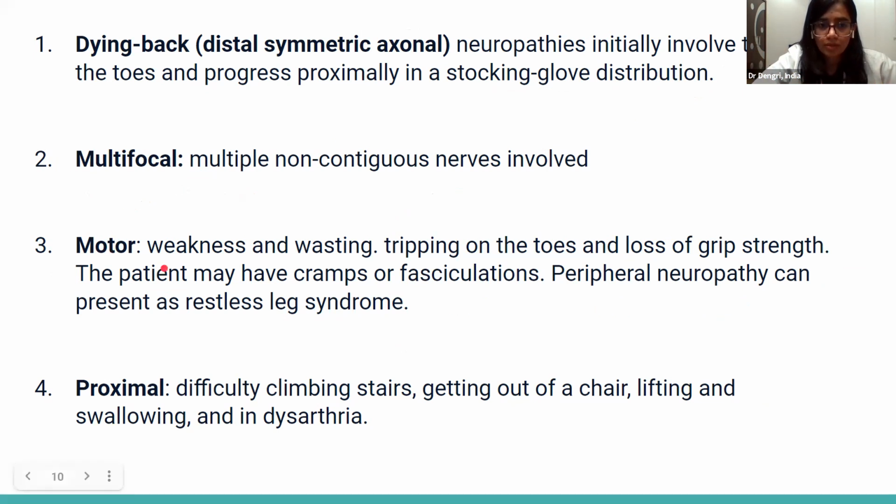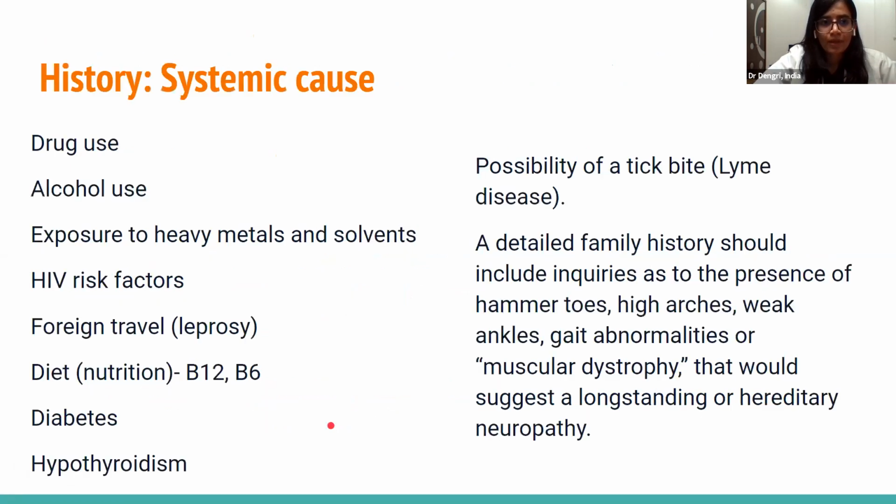If it is motor, then the patient will have weakness, muscle wasting, tripping over the toes, loss of grip, cramping, fasciculation, may look like restless leg syndrome, but you have to keep this in mind. If it is proximal, then the patient will have difficulty climbing up the stairs, getting out of the bed, getting out of the chair, and also dysarthria, difficulty swallowing.